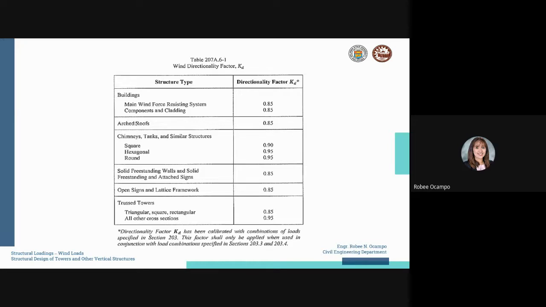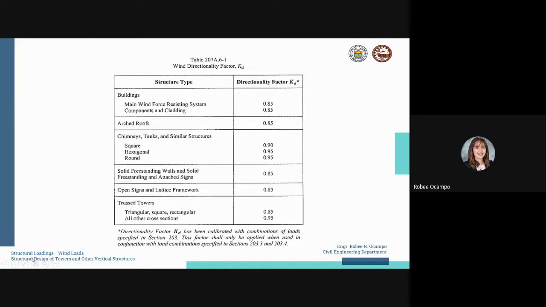For the chimneys, tanks, and similar structures, we have two different values. For the square, you have 0.90. For the hexagonal and the round, we're going to use 0.95. Okay? So ito na yung much nakafocus sa ating course.